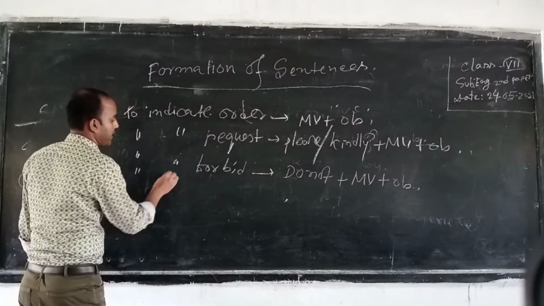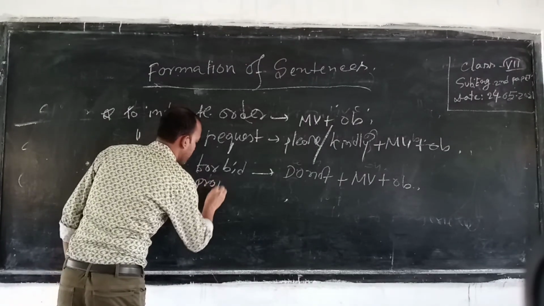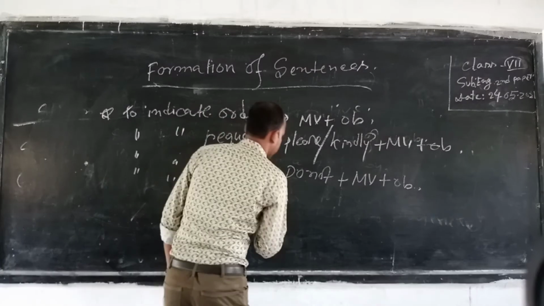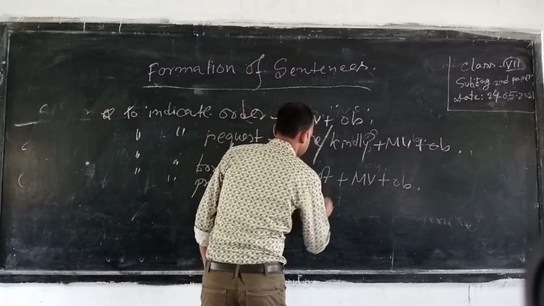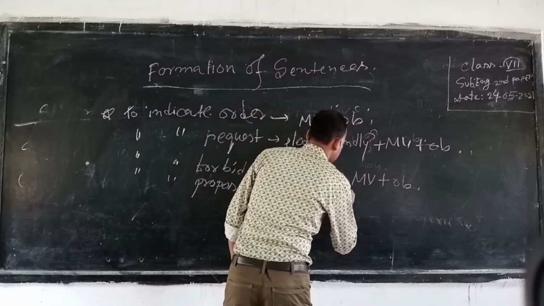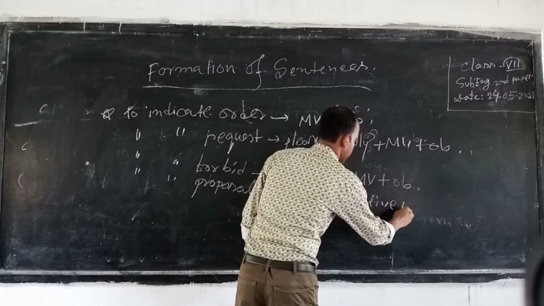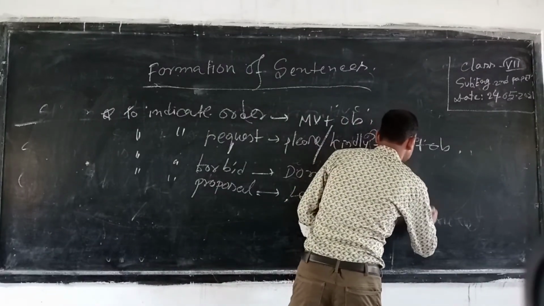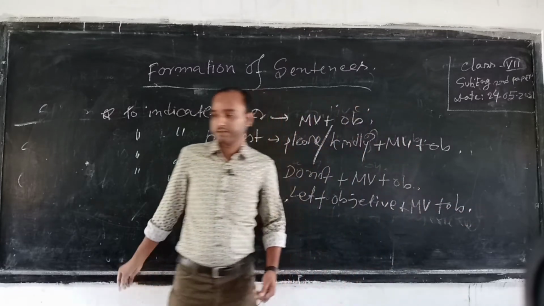To indicate proposal, we can start with let, then objective, then main verb, then object.